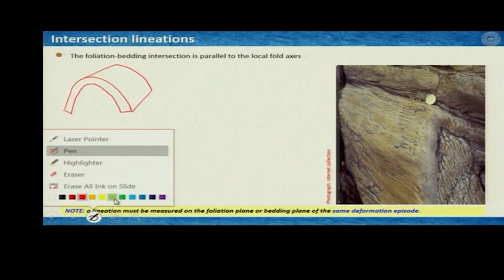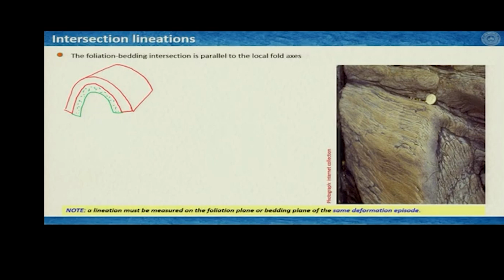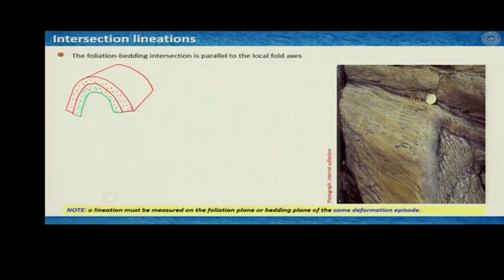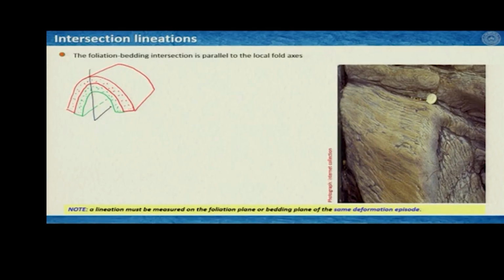let me draw with 2 different colors. If this is the fold, then the axial planar foliations, as you can guess, would be a plane like this, okay?